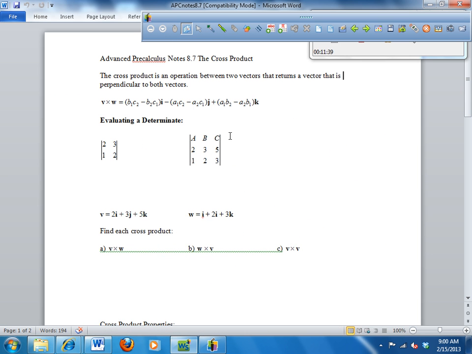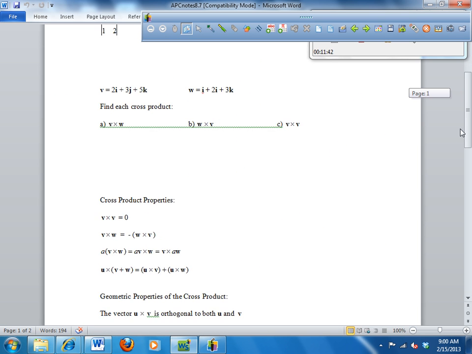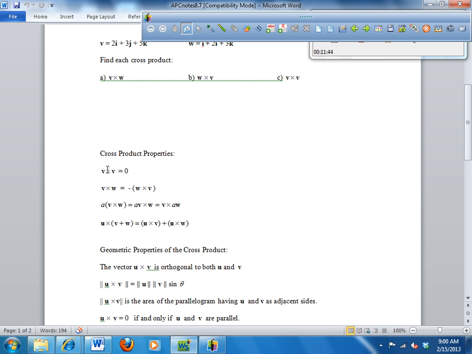Okay? Yeah, so going back, some properties of vectors, isn't that what's next? Look! V cross V is equal to 0. V cross W is equal to the opposite of W cross V. This says you can take a cross product and multiply it by a scalar quantity, like a number, like 5 times V cross W, or V cross 5 times W. So you can multiply a cross product by a scalar quantity.